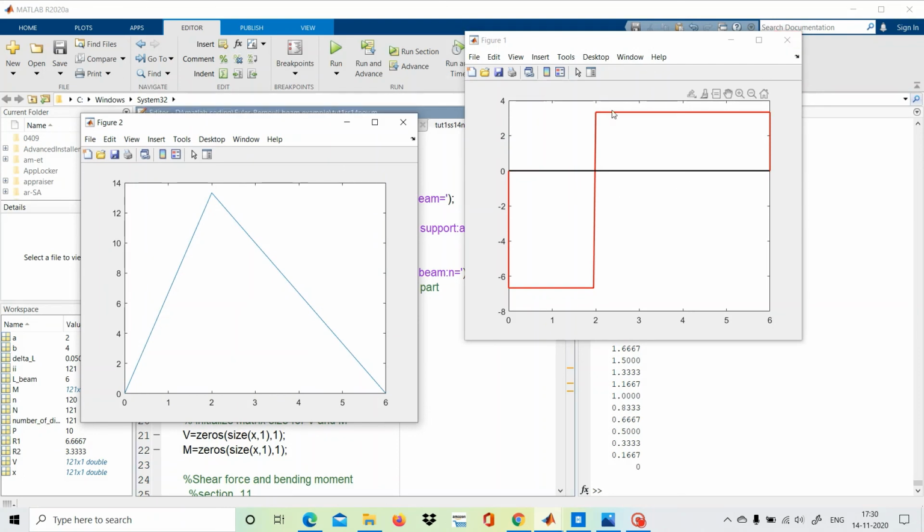Now we want to add the title that it is the shear force, this is the beam axis, and this is the shear force diagram. Similarly, it is the bending moment diagram, so we want the bending moment value.